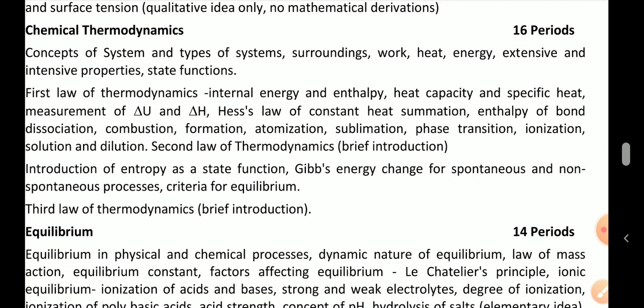Concept of system, types of system, surroundings, work, heat, energy, extensive and intensive properties, state function, first law of thermodynamics, internal energy and enthalpy, heat capacity, specific heat, measurement of delta U and delta H, all these you will study in this chapter. Second law of thermodynamics, third law of thermodynamics, zeroth law of thermodynamics, I think it is not in this chapter.